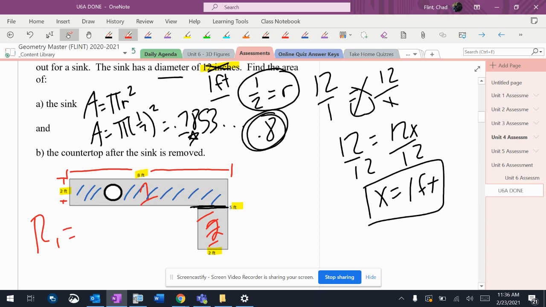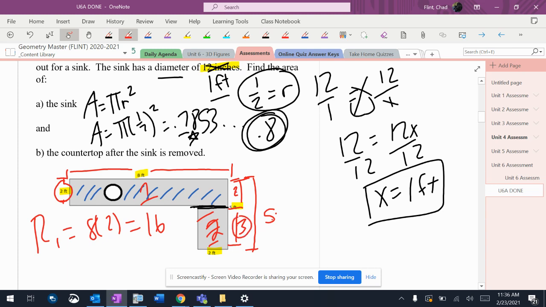Rectangle 1 is base times height, which is 8 times 2, which is 16. Rectangle 2 is not 5, because 5 goes from there to there. I need to know what goes from here to here. Well, if this is 2 over here, that means this has to be 2 from there to there, so it's 5 minus 2, which is 3, because 3 plus 2 is 5.